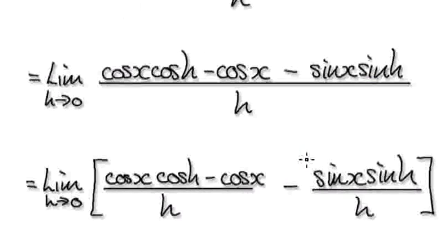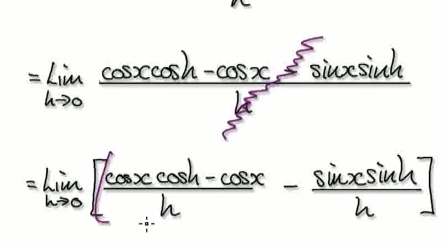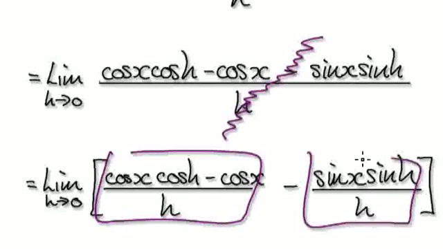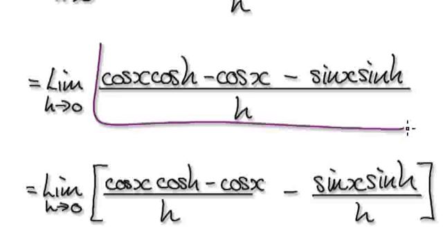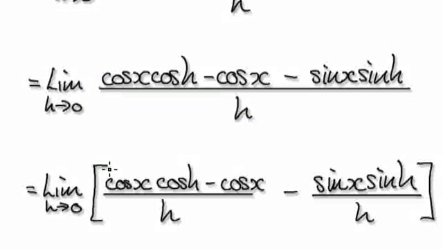And then break up the fraction. So it's like this. So you've got one fraction here, taking away this fraction here. Okay? And by the way, the minute you break up this fraction here, you've got to have brackets.